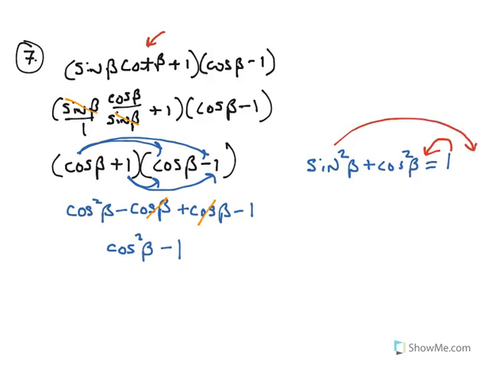So that's going to get us cosine squared minus 1 on the left is equal to, and then when we subtract sine squared, it's going to come over as a negative sine squared. So cosine squared minus 1 is identical to negative sine squared.